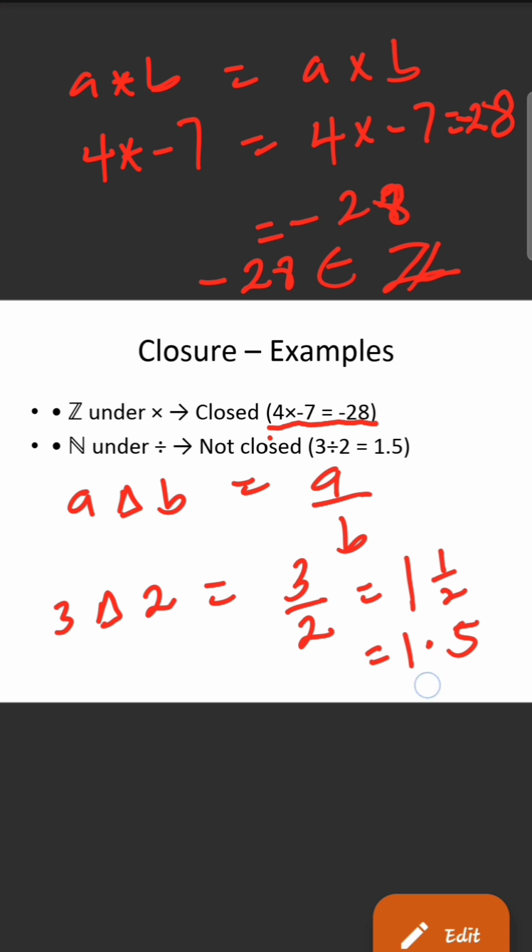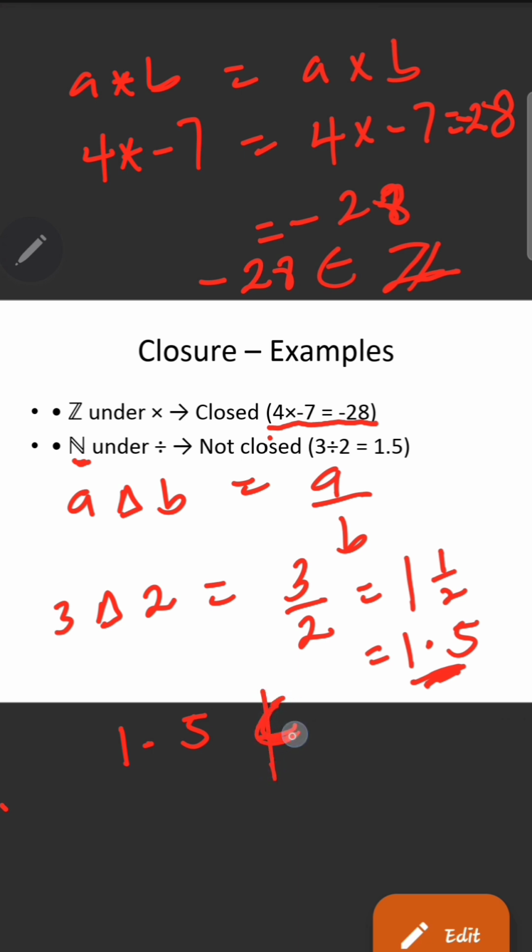So 1.5 is a positive number, but it's not a natural number. The reason why it is not a natural number is because it's a decimal. It's not a whole number. So 1.5 is not an element.